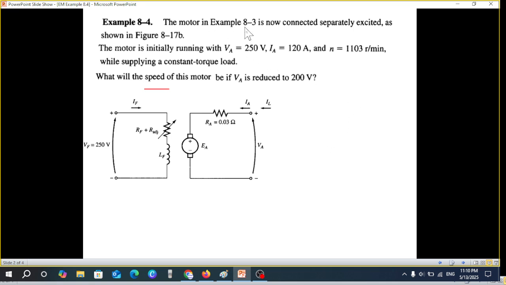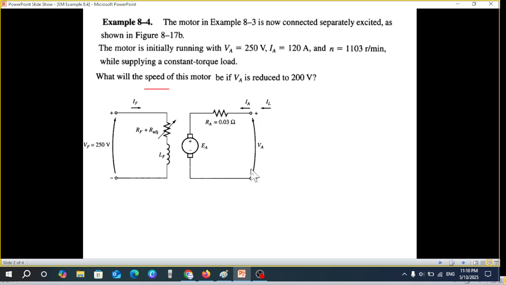The motor in example 8.3 is now connected separately excited. So in 8.3, it was not separately excited, but here they have shown the same motor is connected as separately excited. The motor is initially running with a VA of 250 volts.